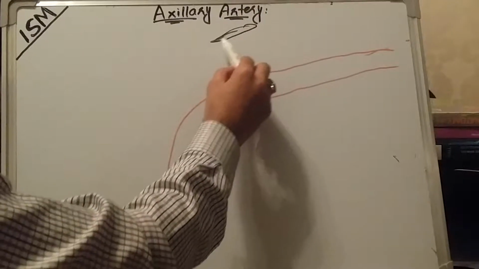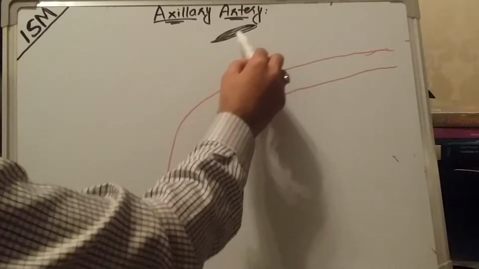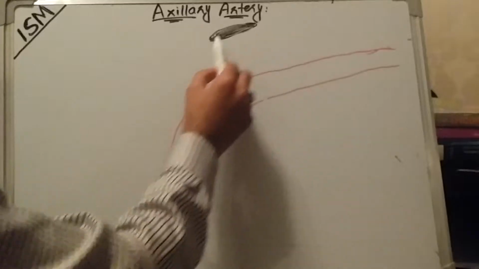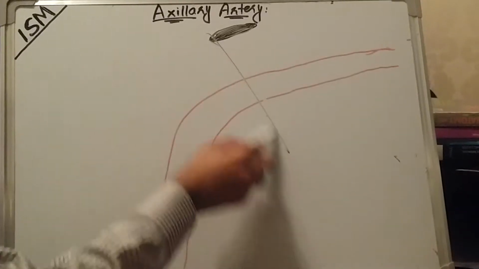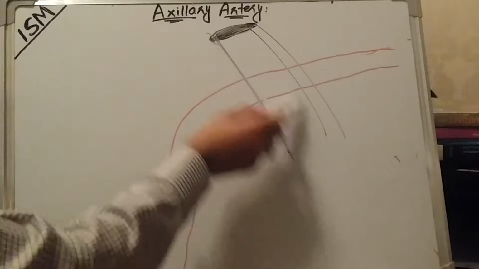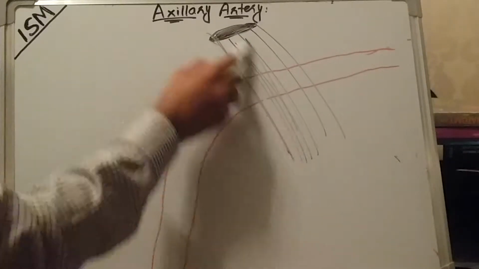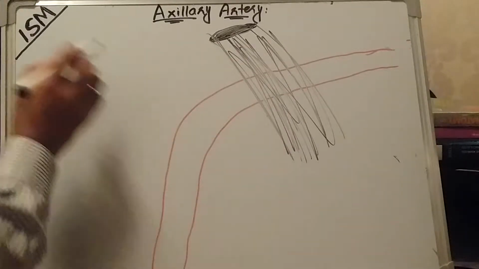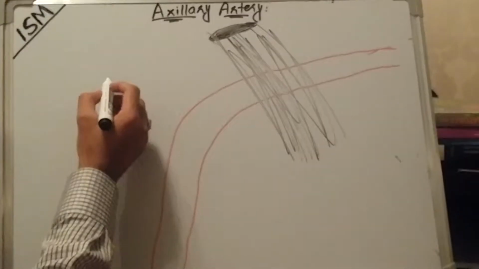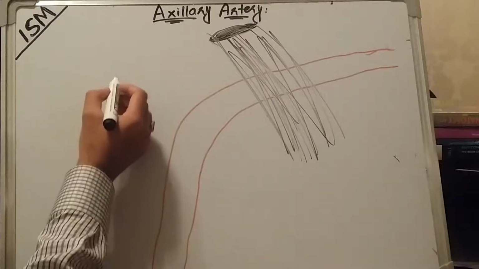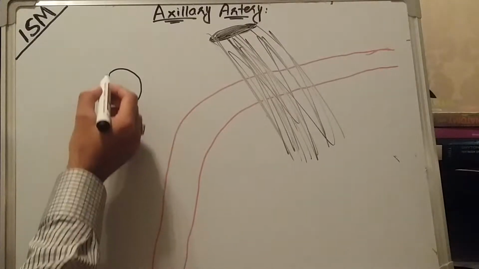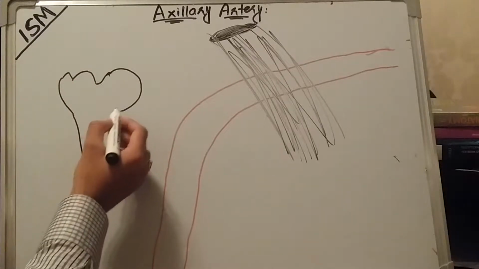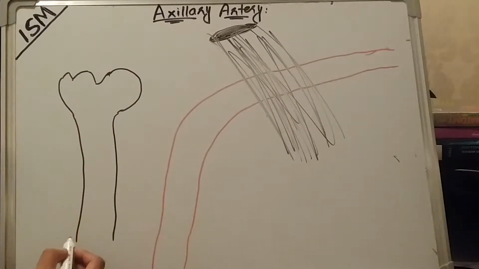From the coracoid process of the scapula the muscle originates, and we call this the pectoralis minor muscle. And this is the humerus bone.